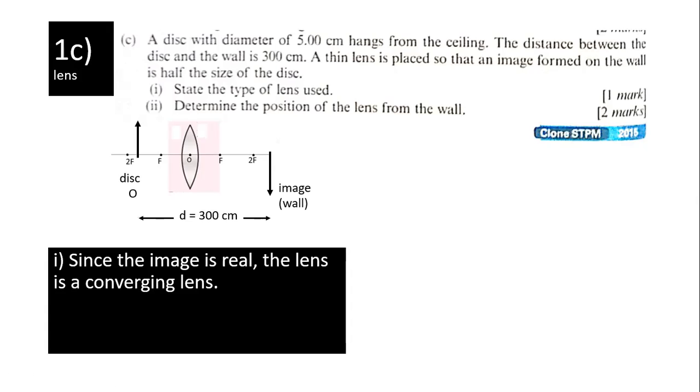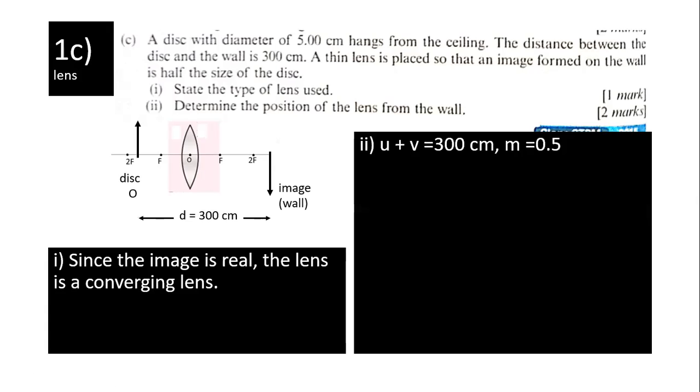Determine the position of lens from the wall. U plus V is given as 300. Magnification is 0.5.